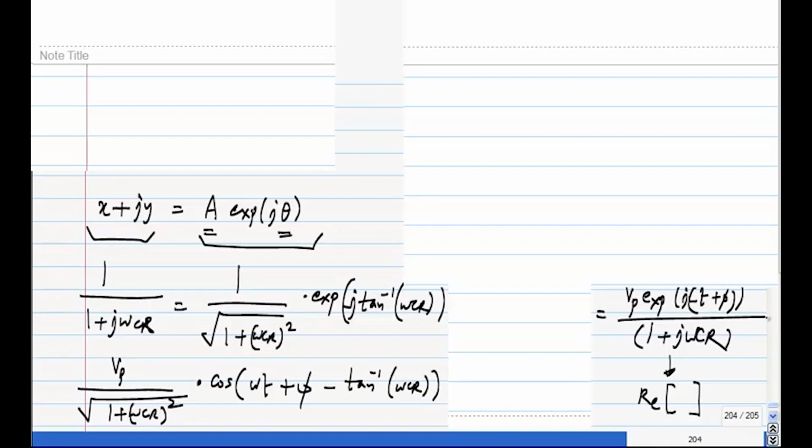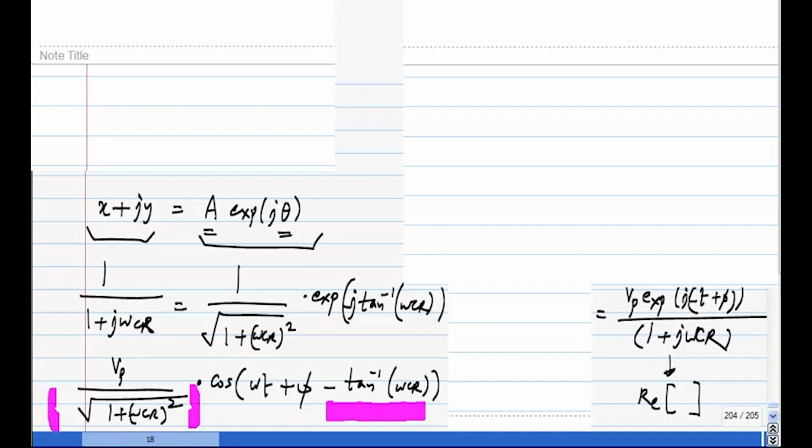What you get out is a sinusoid of exactly the same frequency. The amplitude will be changed and the phase will be changed. How much the amplitude and phase change depends on the circuit. So this is the amount of phase change, and this is the factor by which the amplitude is changed. That clearly depends on the circuit as well as frequency.